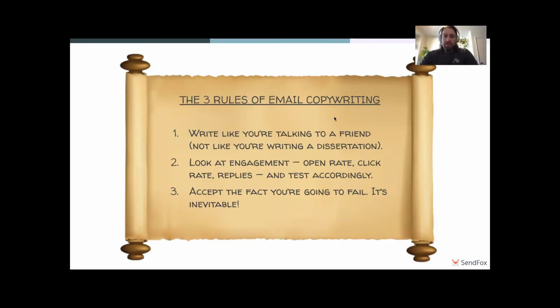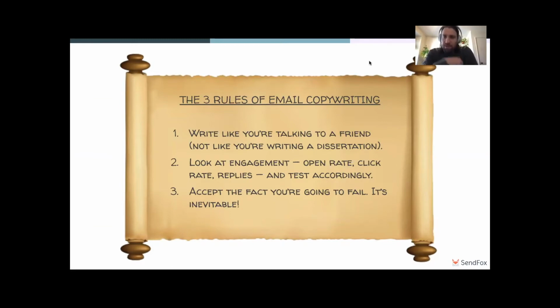The second rule is we want to look at those engagement rates. A lot of times I get asked, what is a good open rate and click rate? We'll talk about some of those numbers in a little bit, but they vary from business to business. So when we think about growing our businesses, what we're always looking at is: are we getting incrementally better? Are we looking at our baselines, what we're getting right now?